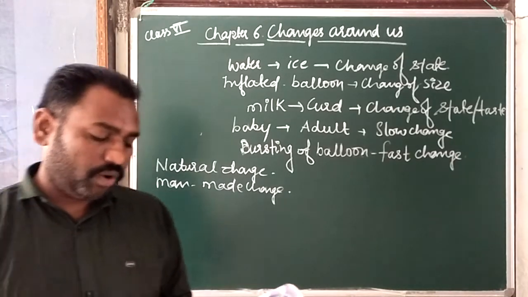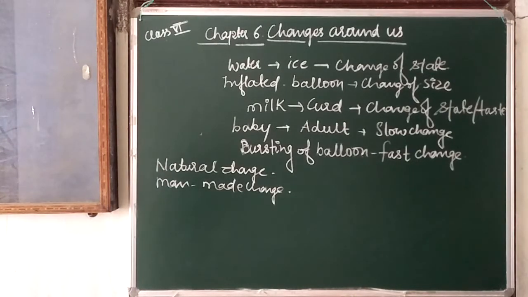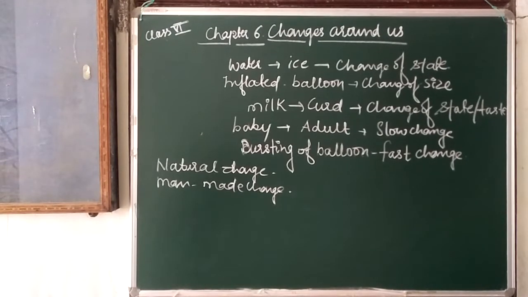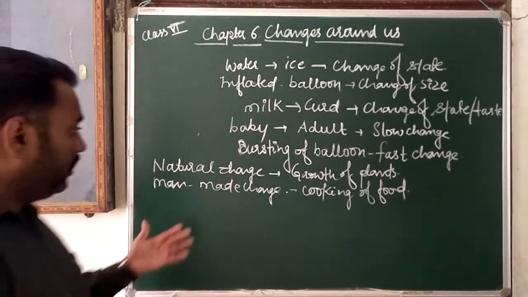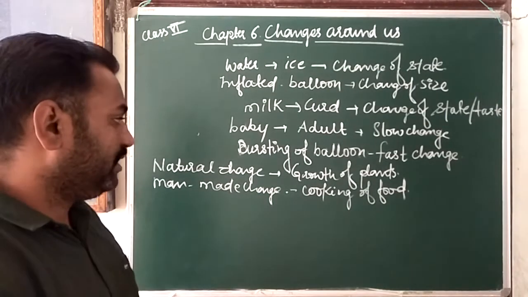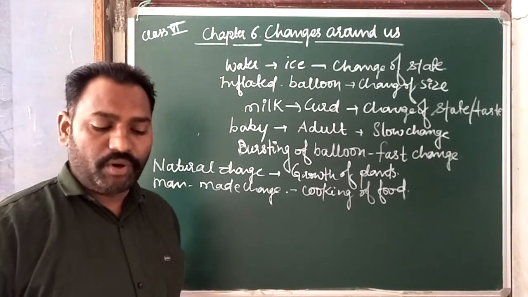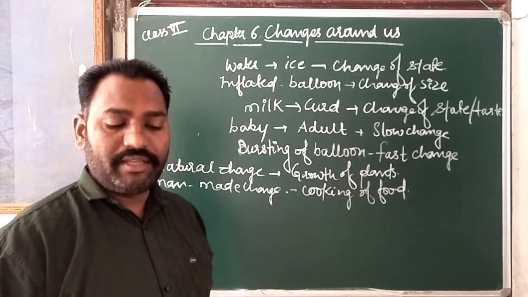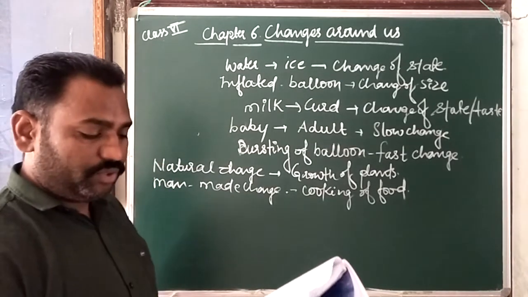Ripening of fruits are all natural changes. So change in the weather, occurrence of day and night, growth of plants and animals, ripening of fruit are all natural changes.